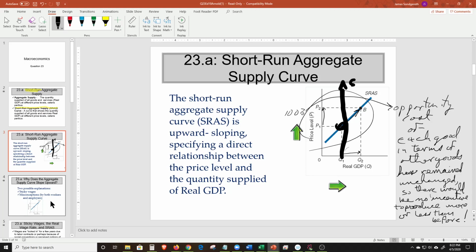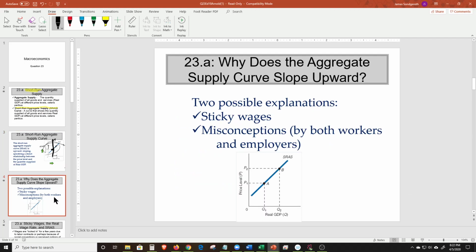So that is why we have to explain why it would slope upward and to the right. Okay, so the textbook comes up with two possible explanations, and you'll see the textbook says workers. I also include employers. They go with the sticky wages explanation and the misconceptions of what the real wage is by workers.